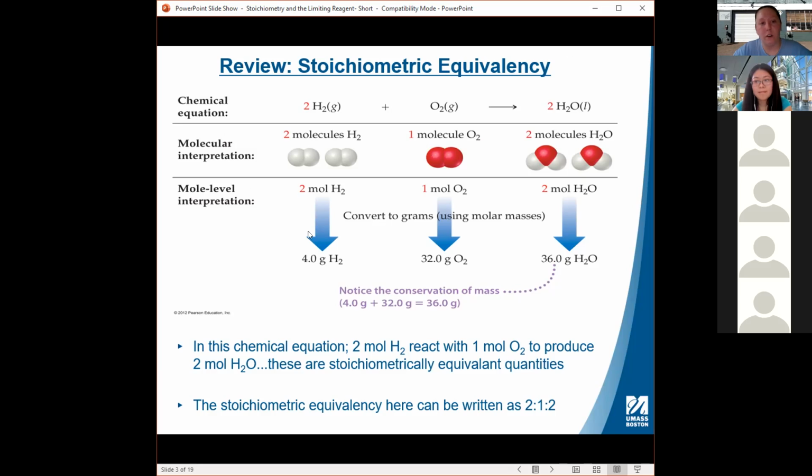The first thing we need to do in stoichiometry is make sure that our chemical equation is balanced. We do this by adding coefficients in front of the different reagents as we need to. We can't change the compound itself.